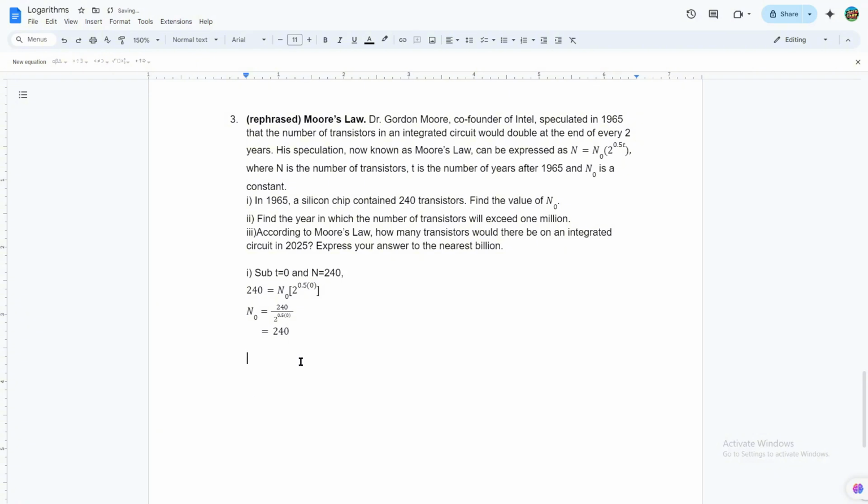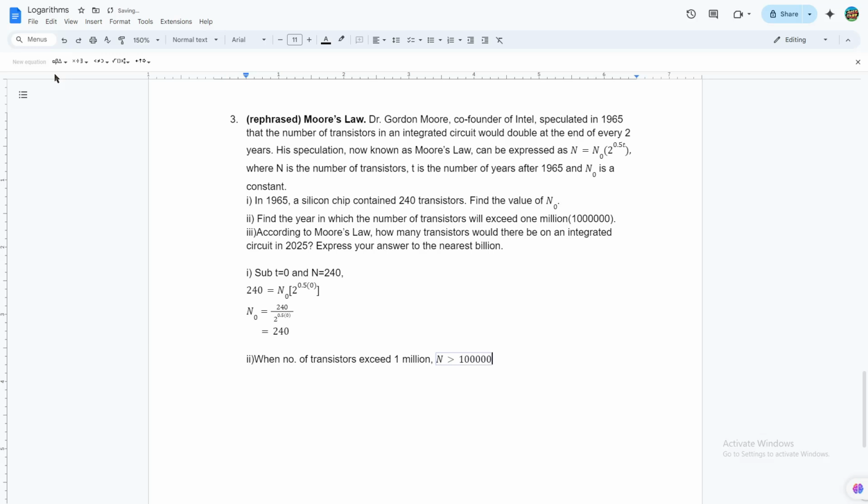Okay, next, question II. Here's where the tricky part comes in. We need to find the year in which the number of transistors will exceed 1 million. How many zeros are in 1 million? 1 million has 6 zeros. So when the number of transistors exceeds 1 million, n is greater than 1 million.